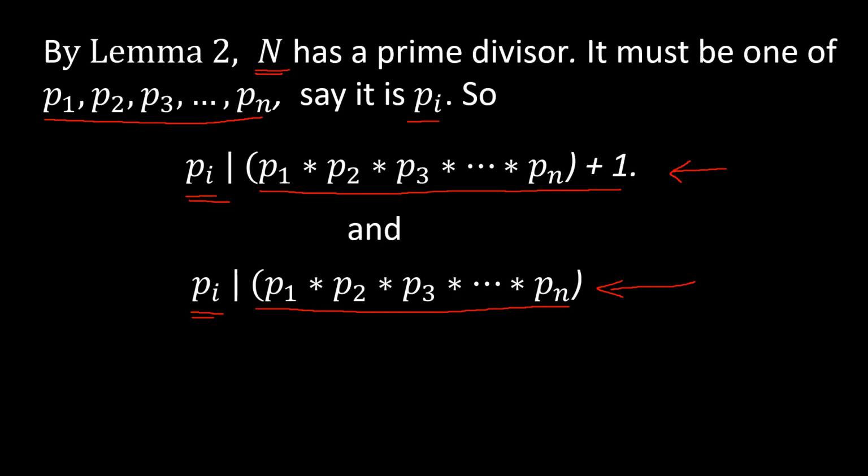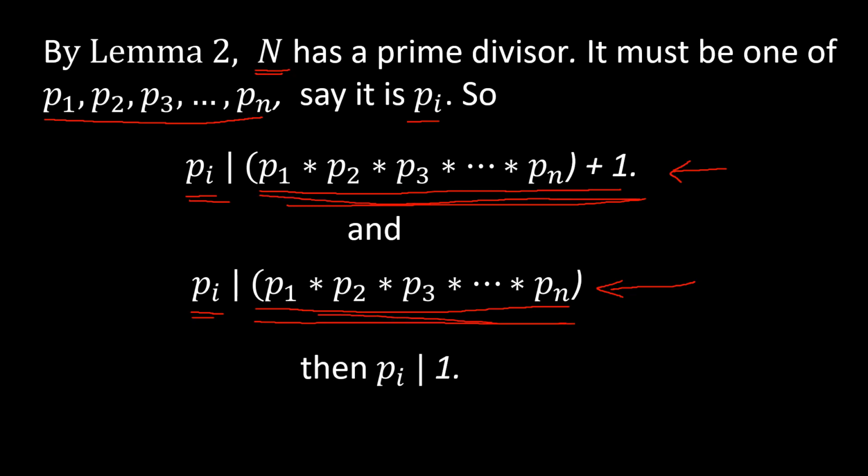Something you already saw earlier is that if a number, pi, divides 2 other numbers, it divides any combination of them. So I can say that pi divides the subtraction of this number minus that. But if you notice, if I take this number and subtract that one, I get 1. So that will mean that pi divides 1.